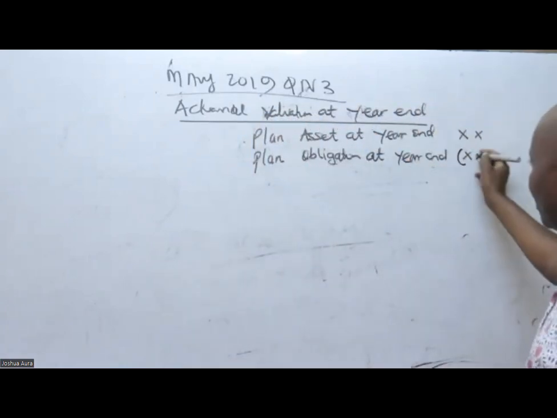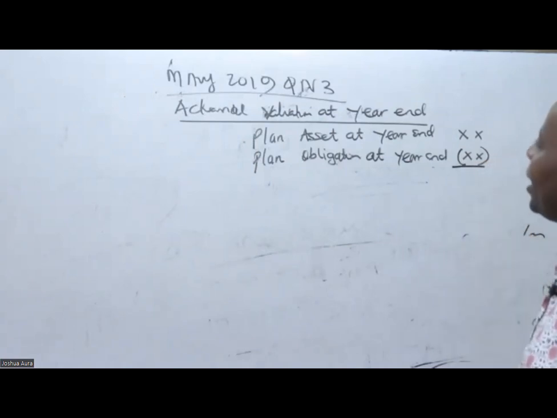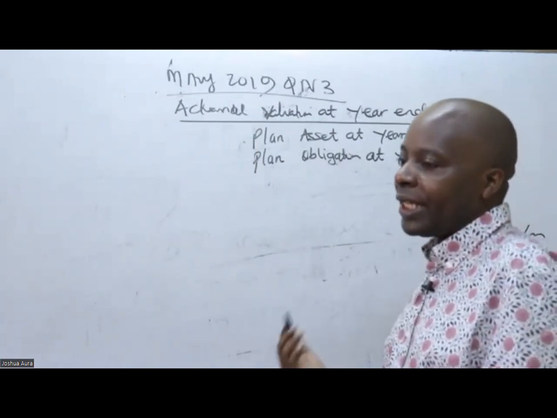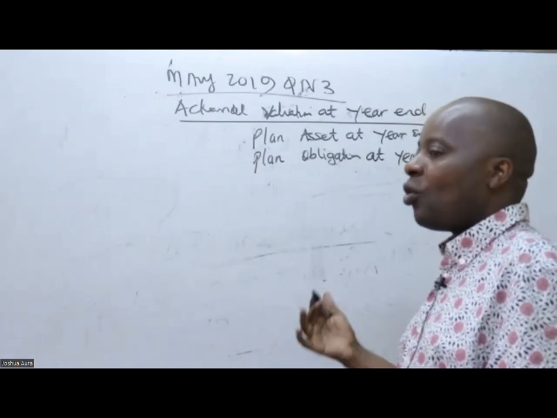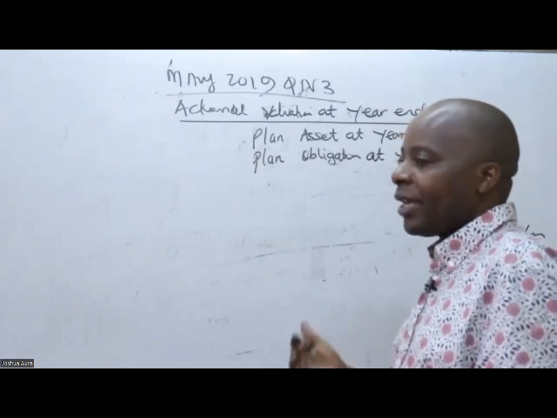So you will deduct. So when you deduct in this case, then you'll be able to get your net plan asset, or what we call the net plan obligation.